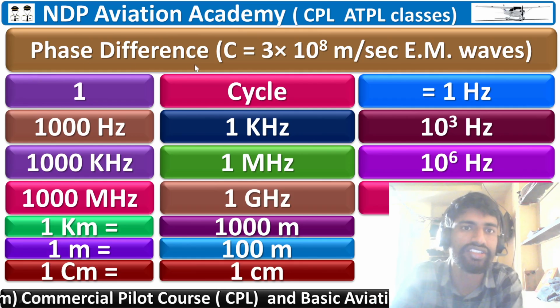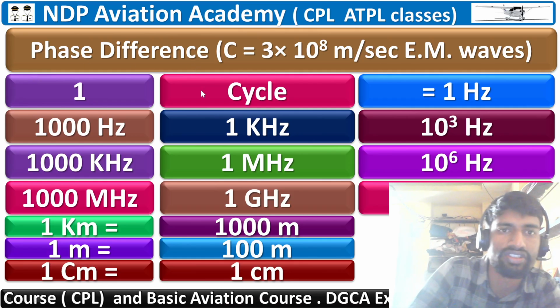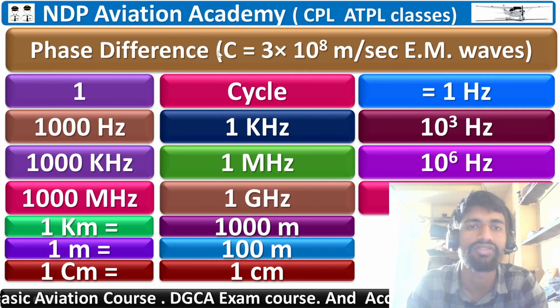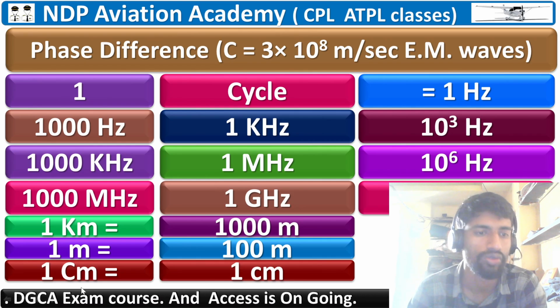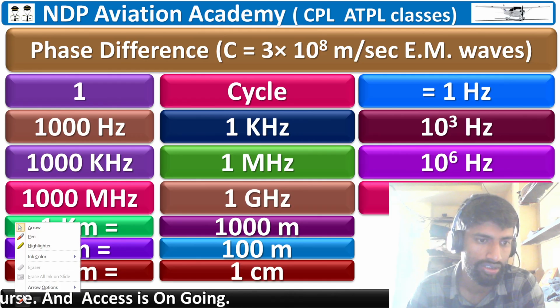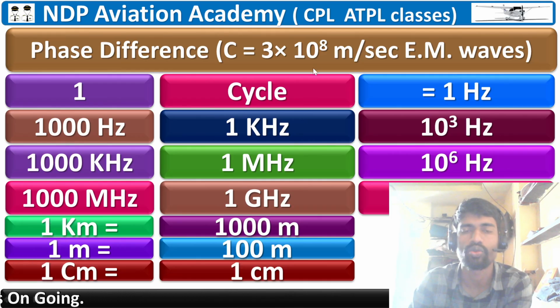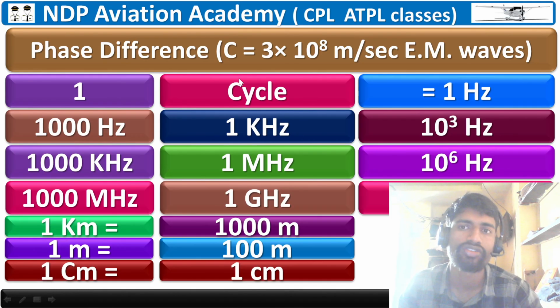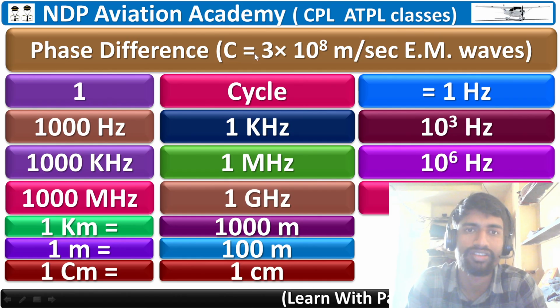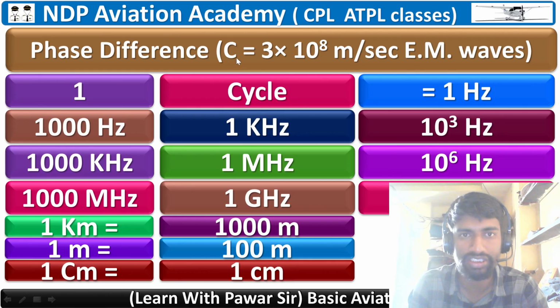So, what is the meaning of phase difference? First of all, we want to learn the speed of light. How much is the speed of light? C means light.